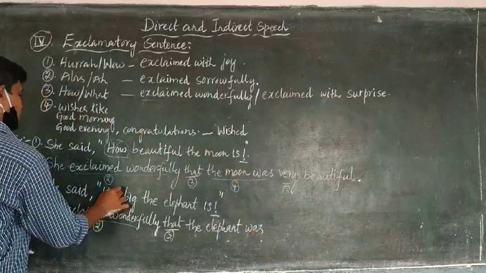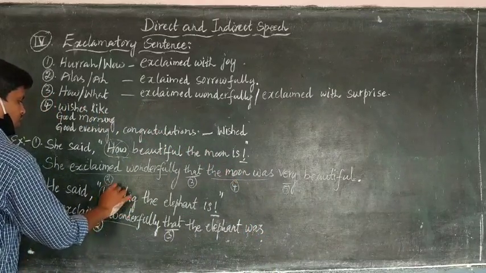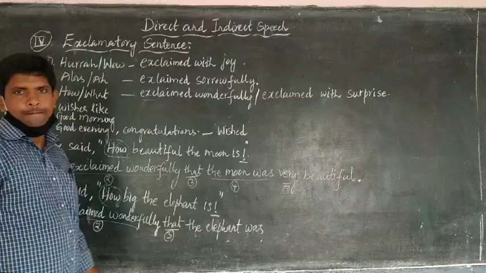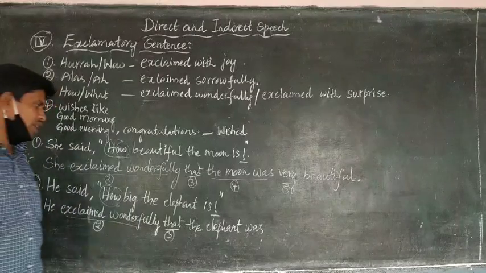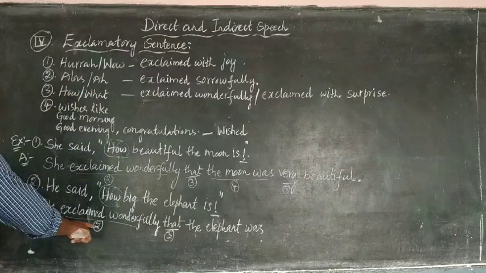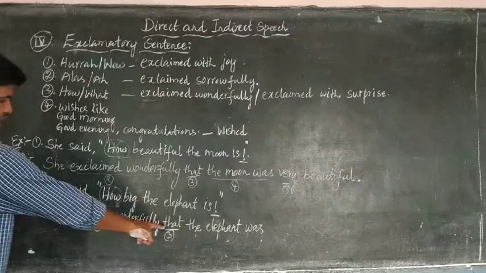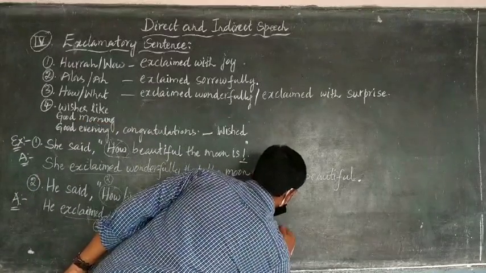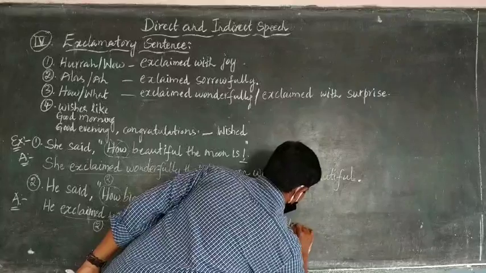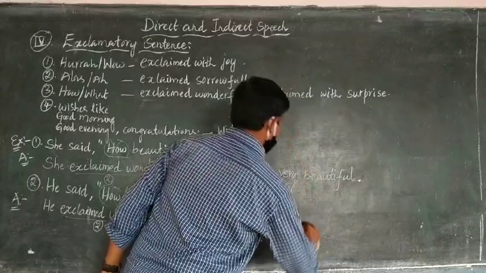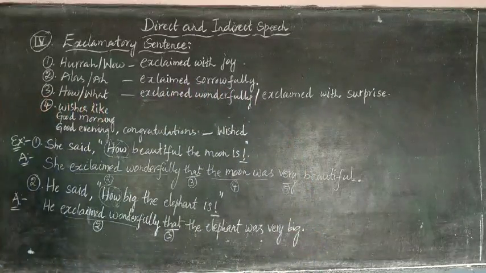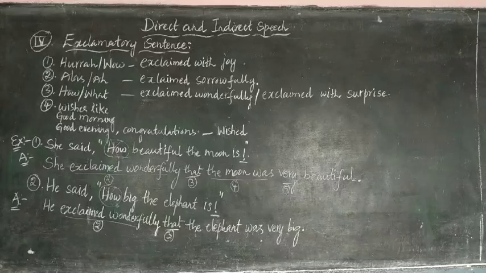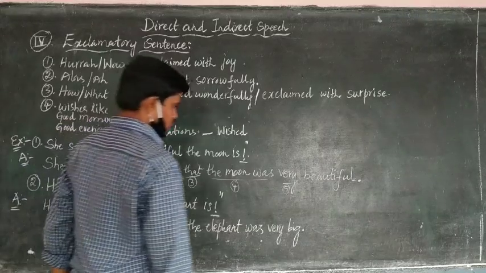So how we need not write, instead of how we have to write very. Okay, very. So he exclaimed wonderfully that the elephant was very big. The elephant was very big and keep a full stop. The sentence should be followed by a full stop.